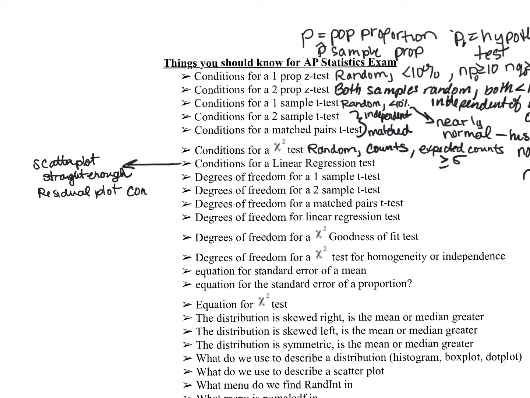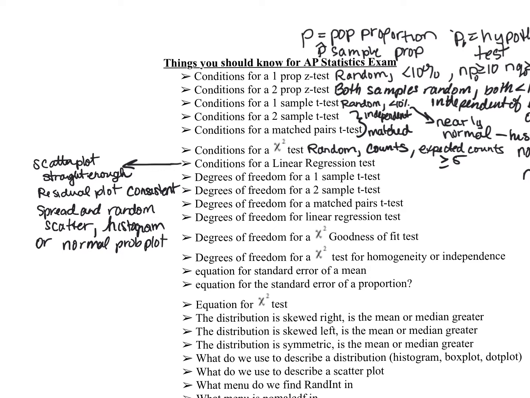Histogram or normal probability plot, right, of residuals.